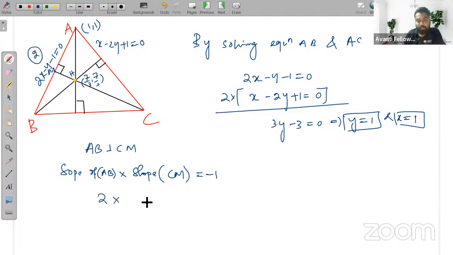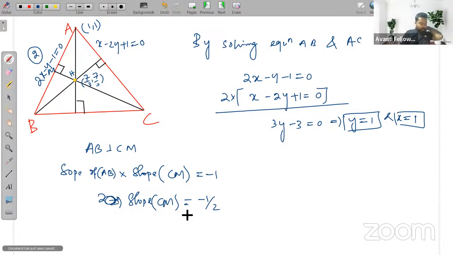Then 2 into slope of CM, so the slope of CM will be -1 upon 2. Clear? -1 upon 2. And also, you know, this line is passing through the point (7/3, 7/3). Is that clear? Yes or no?